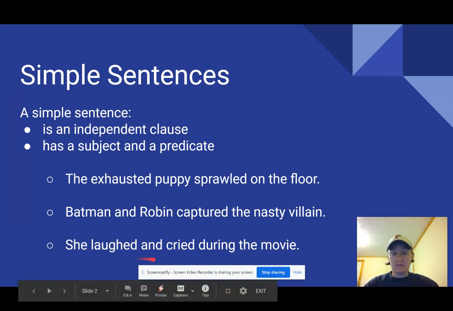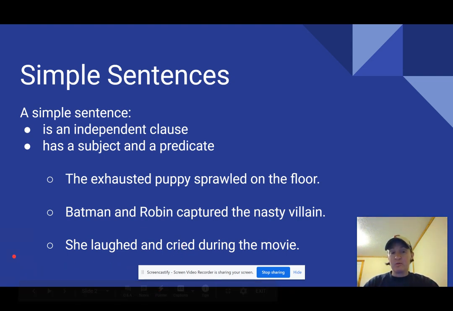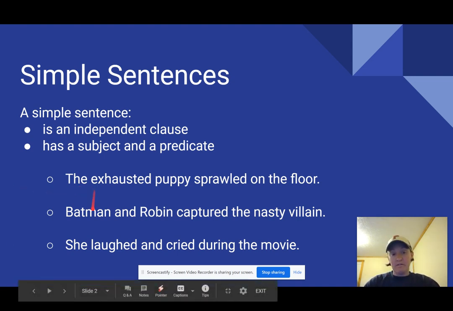She laughed, she cried. Okay, so those all 3 are simple sentences because they're all independent clauses. They have everything they need. They can stand on their own. They have a subject and a predicate. This one has 2 subjects, and this has 2 predicates. Okay, so that's simple. Hopefully didn't confuse you there.